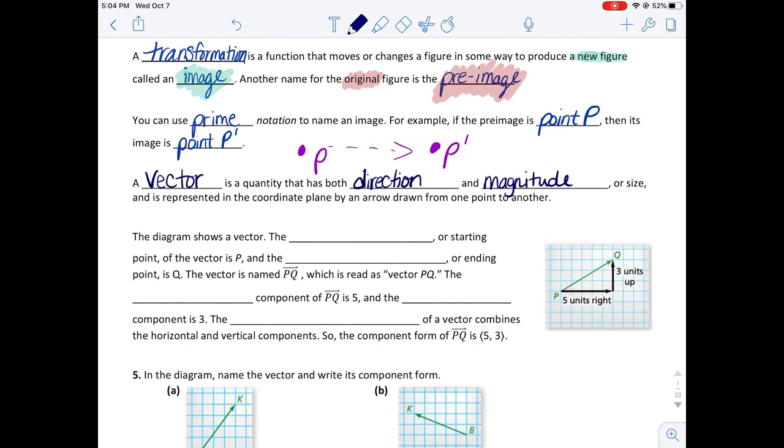So here in this exact diagram, we can say that the initial point, the starting point of the vector, is P. You can see that down here. And the terminal point, where the vector ends, is Q. So the vector that's doing the moving is named PQ.